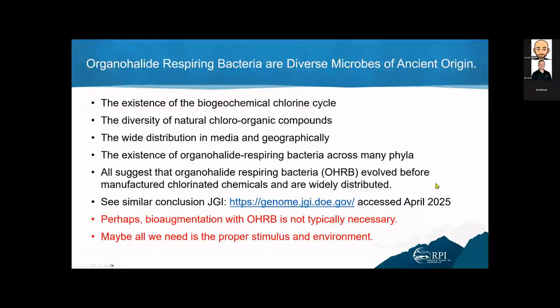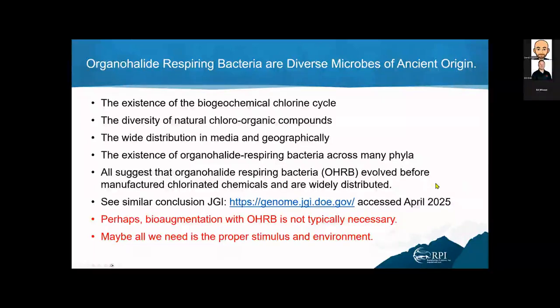So the arguments that I have for that are more general, but we have the existence of these biochemical chloride cycles. We have a diversity in nature of organochloride compounds.